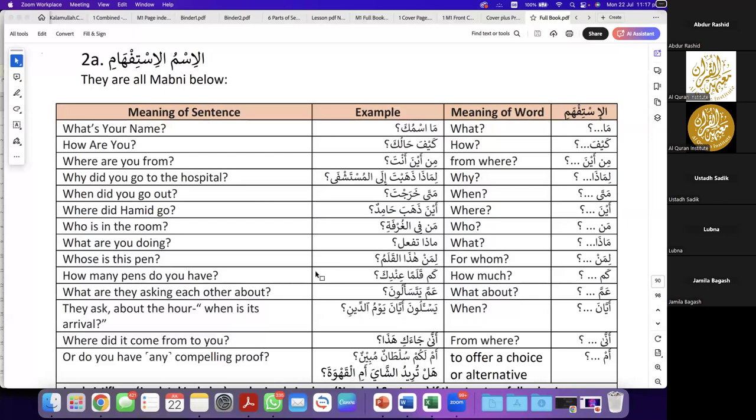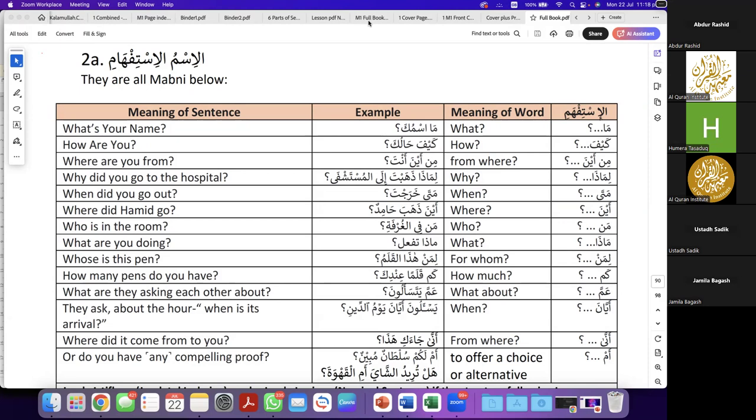They are not declinable, they don't change their i'rab, whatever role they may be playing, they would still have the same i'rab. Good. Very good, MashaAllah.